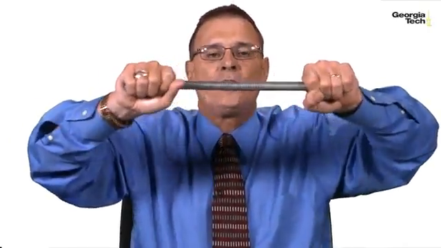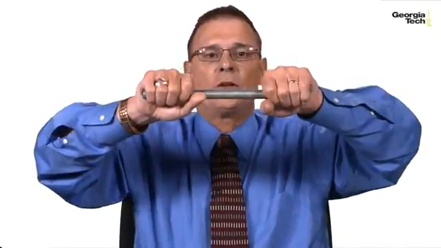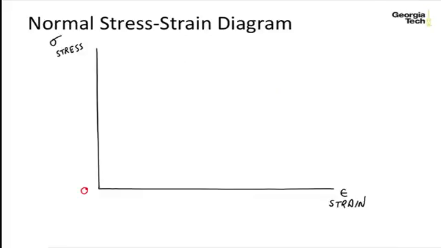And we call this the linear elastic range because there's a direct proportionality between stress and strain. So this is called the linear elastic region, and it's directly proportional. So the linear region ends at what we call the stress at the proportional limit.